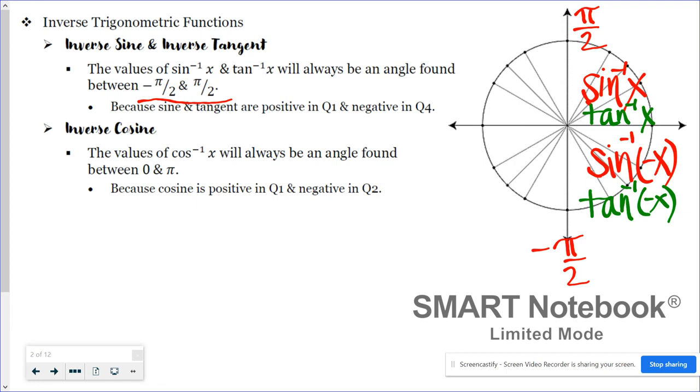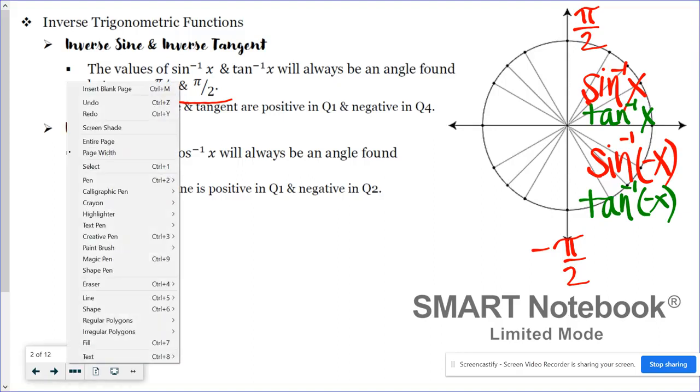The nice thing about quadrant 4 and radians is it's just the negative version of it. So pi/6 in quadrant 1 would be -pi/6 in quadrant 4. So quadrant 4 is really nothing to fear.